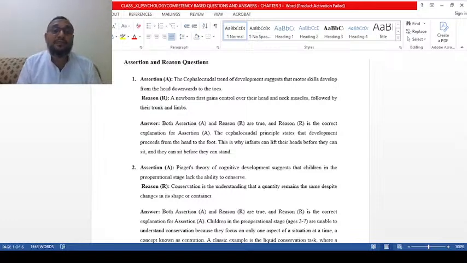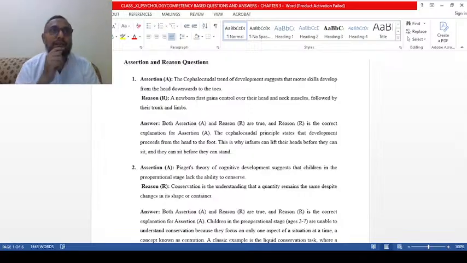Now, first one, assertion reason. You see here, the cephalocaudal trend of development suggests that motor skills develop from the head downwards to the toes. Reason, a newborn first gains control over their head and later neck muscles, followed by their trunk and limbs.